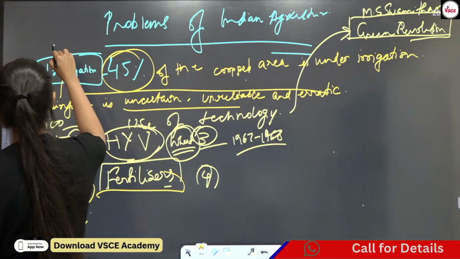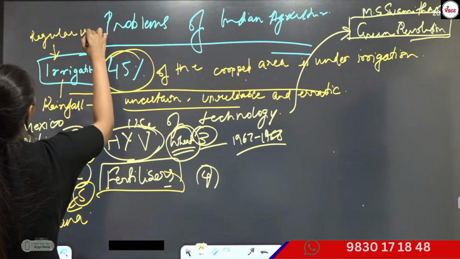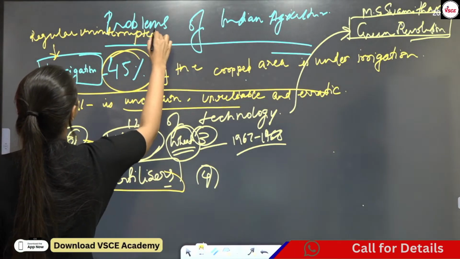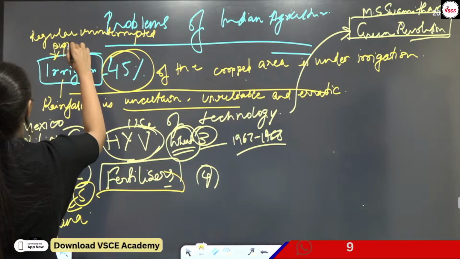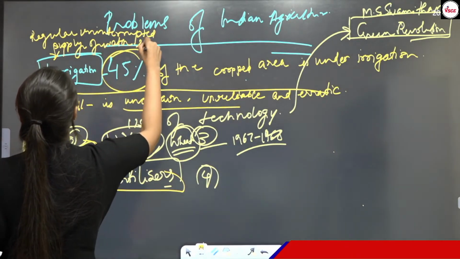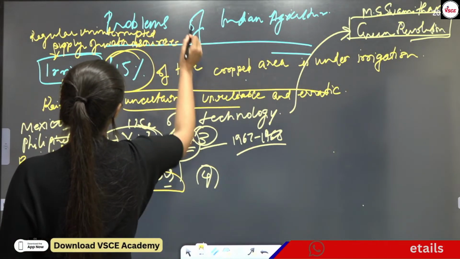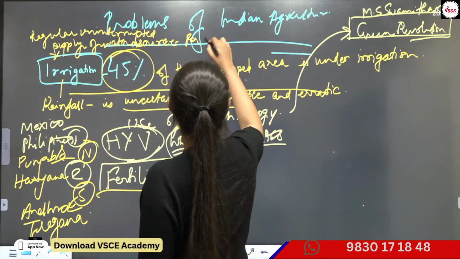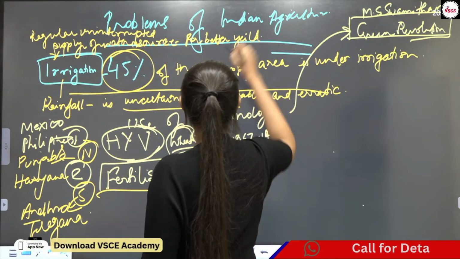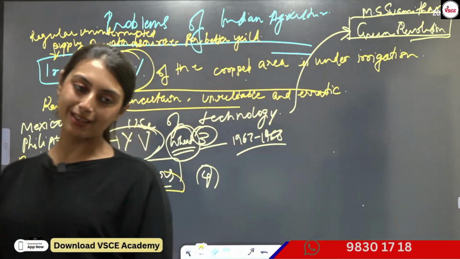Irrigation means, as we have said before, regular uninterrupted supply of water resource for better yield of crops. Yes, regular and uninterrupted supply of water.